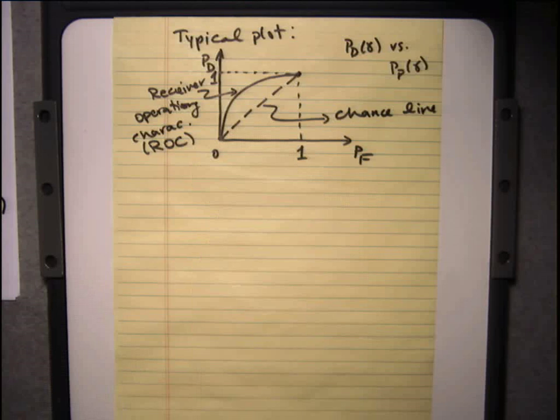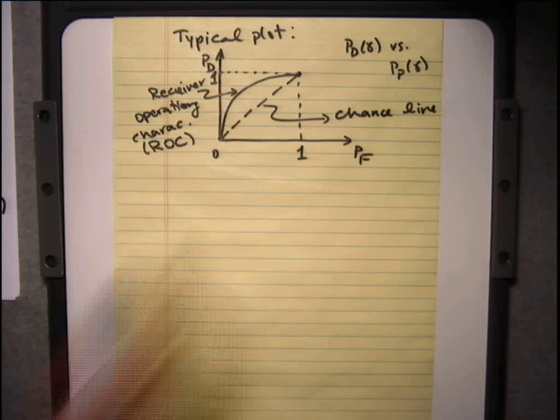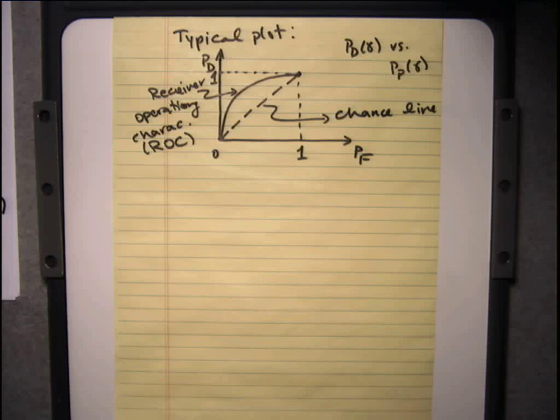Another reason why it's important to look at this chance line is because if you have designed a decision-making algorithm or system, then its performance must always be above this line. Otherwise, you've wasted your time. If I give you data that contains information in it, you should be able to use that data to get a performance that is better than flipping a coin.